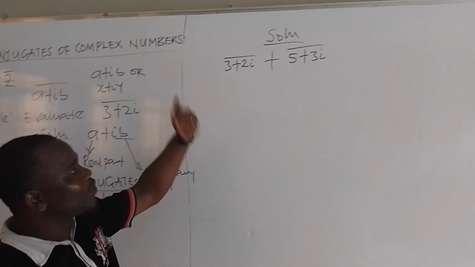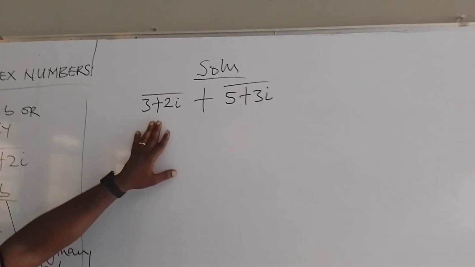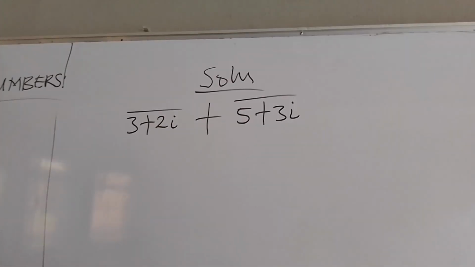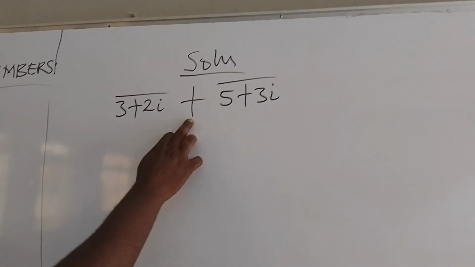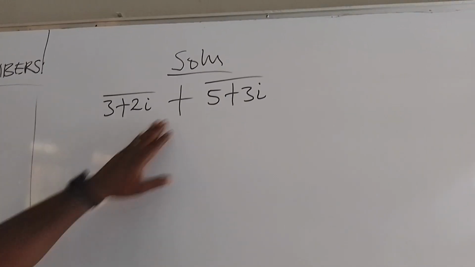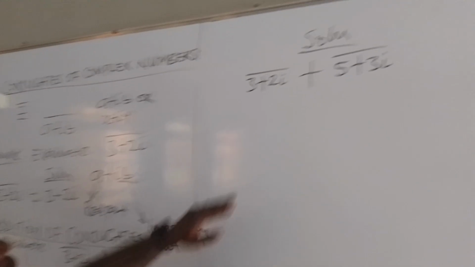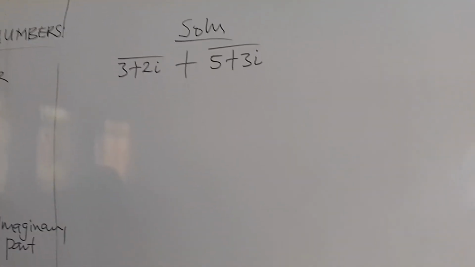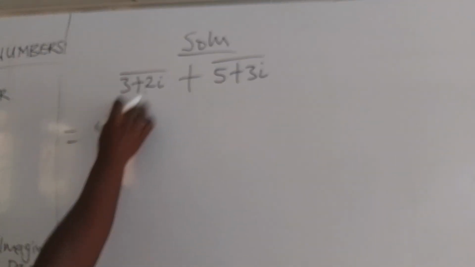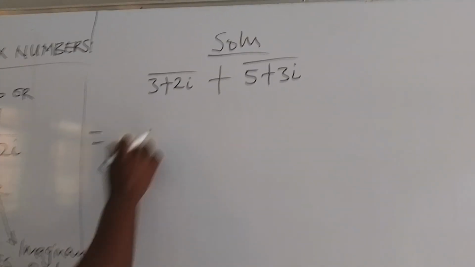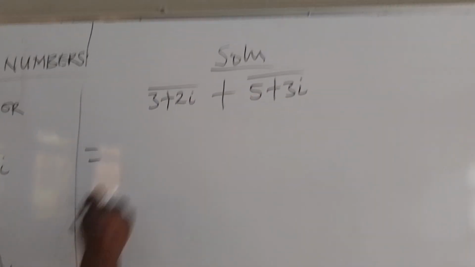You know how to conjugate a complex number. When you look at this, it is a complex number. You look at it, this is a complex number. True or false? But the operation in between them is what? Plus. That is why it is addition of conjugates of complex numbers. So now, what you need to do is conjugate this complex number.